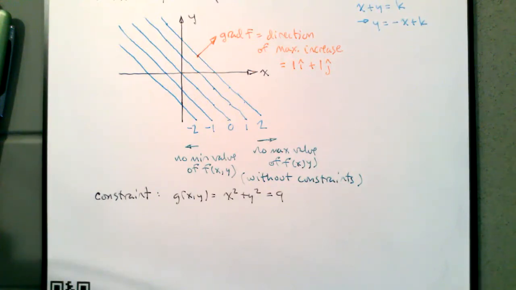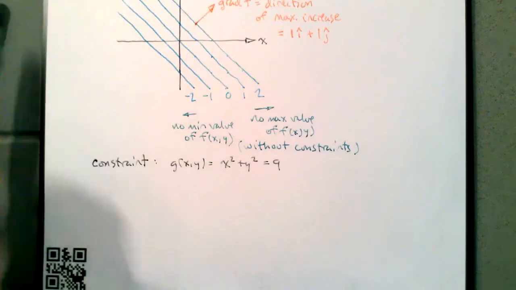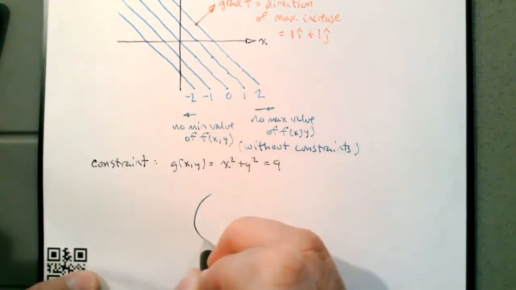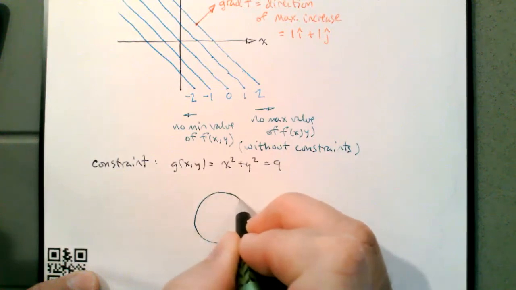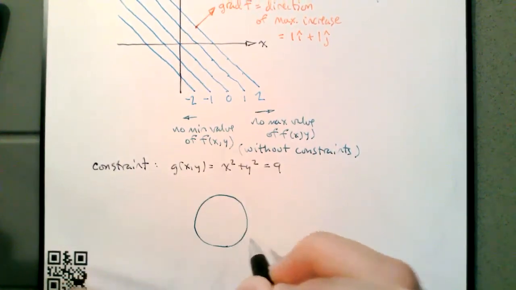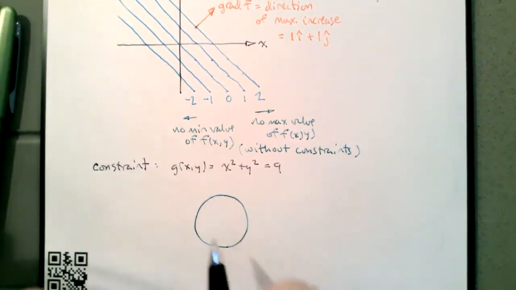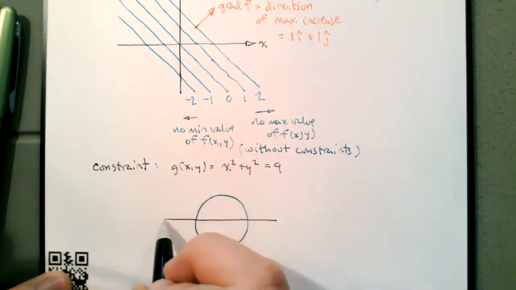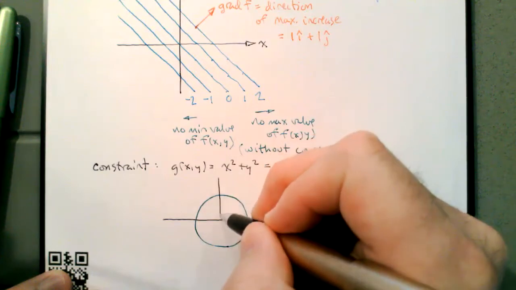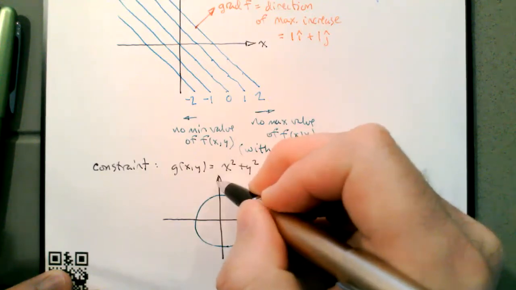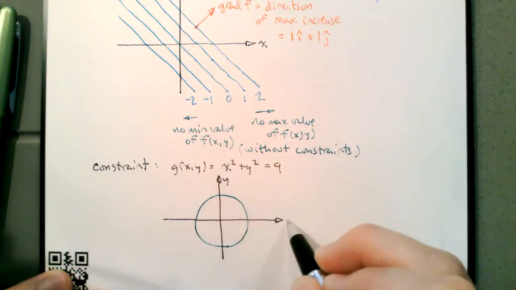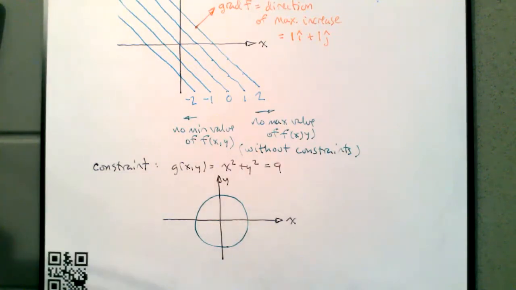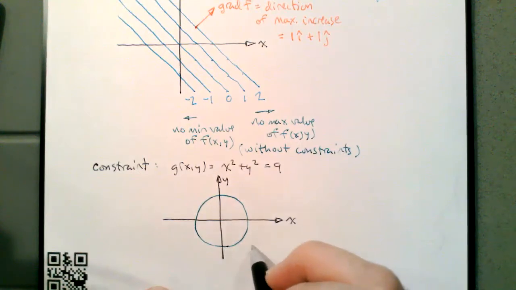They have to fit this description. So there is the circle, x squared plus y squared equals 9.